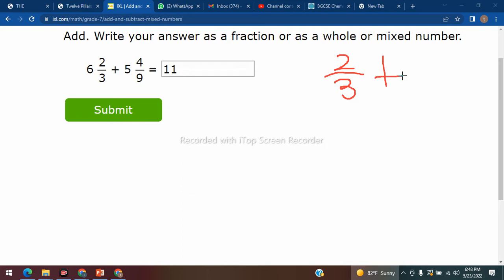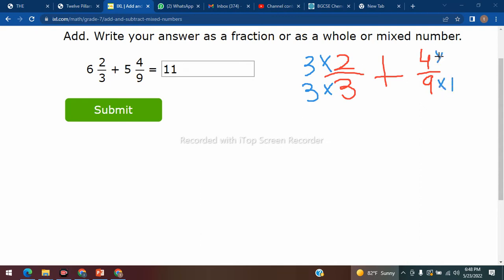2 over 3 is 4 over 9. The best one to use is 9. What times 3 gives me 9? 3. Whatever I do to the bottom, I do to the top. 6 over 9.